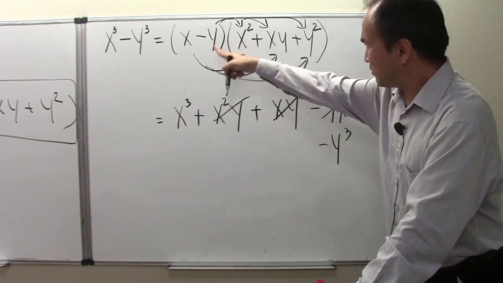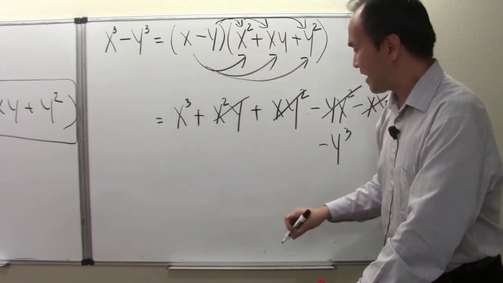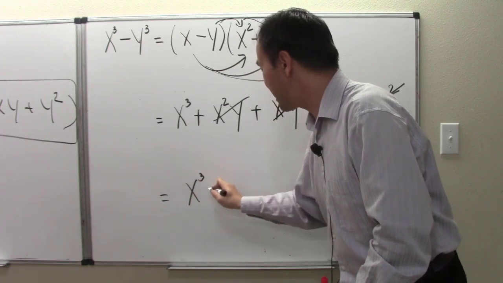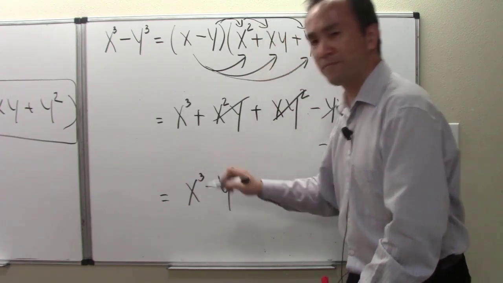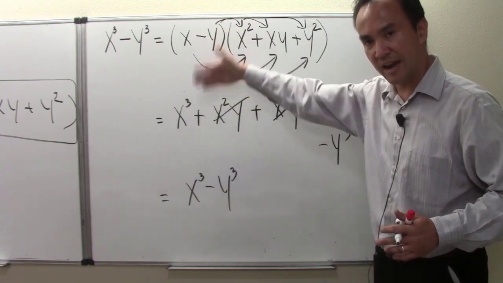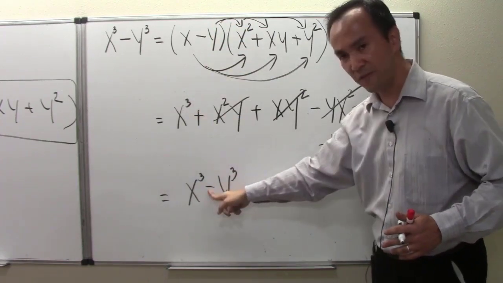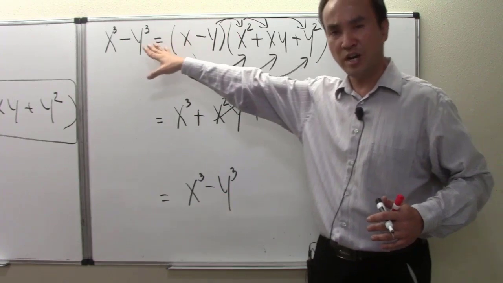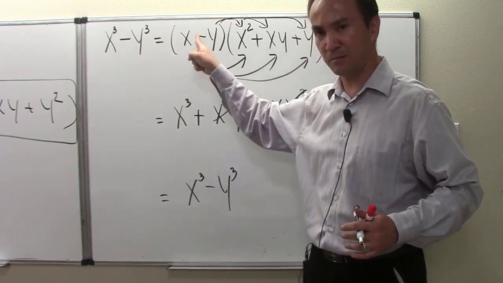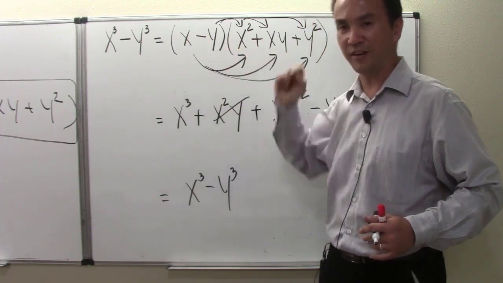And so after foiling out this product, we realize, wait a minute, it reduces down to x cubed minus y cubed. And so that means this factored product, after the distributive law, equals the difference of two cubes. And that's how we know the difference of two cubes can be put back in factor form as this form right here.